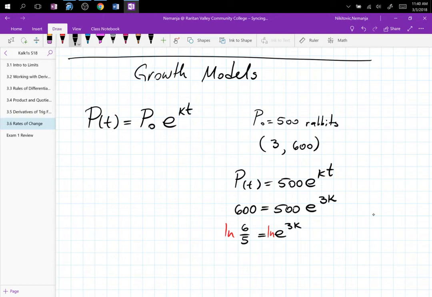And then you use your abacus to compute ln of 6/5, which is 0.1823, keep 4 decimals at least, equals 3k, and then k is equal to, divide this by 3, and get 0.06077. 4 significant figures, 1, 2, 3, 4.